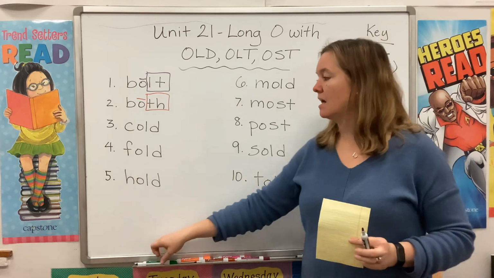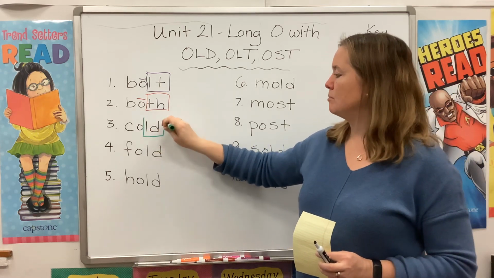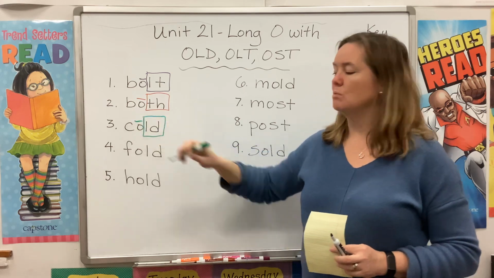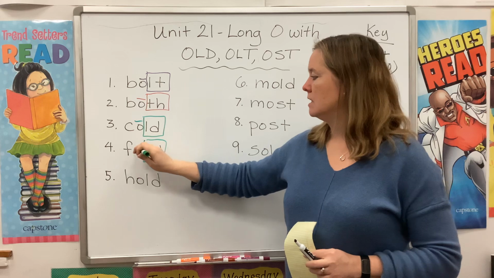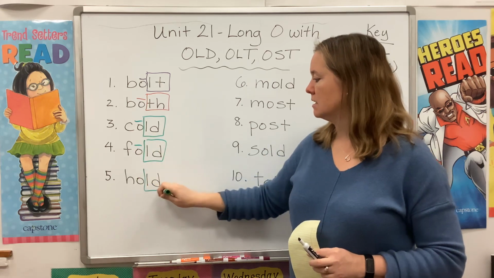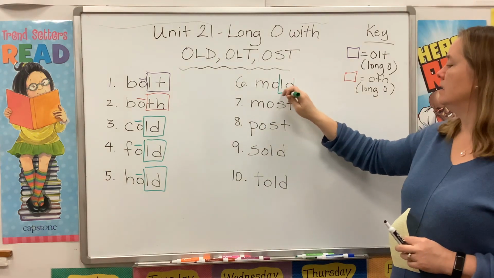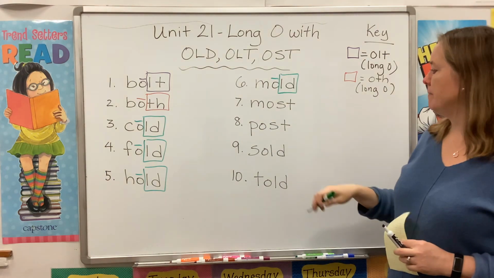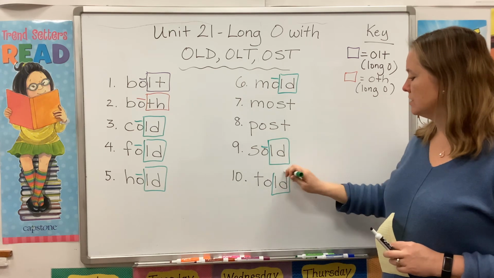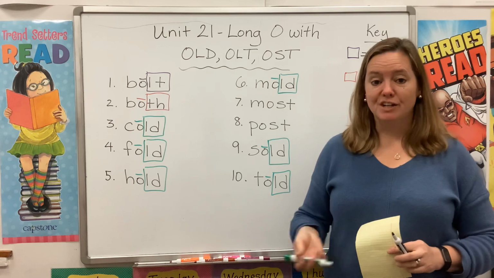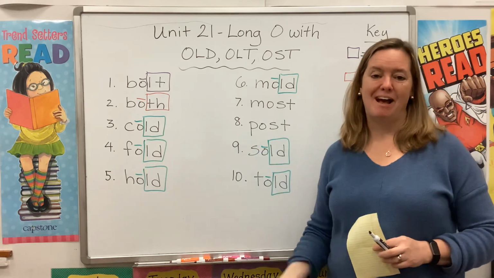Okay, let's choose another pattern. Check this out. When O is followed by LD in words like cold or fold, hold, or mold, sold, or told, you're going to have a long O sound. This is a really good pattern to memorize.